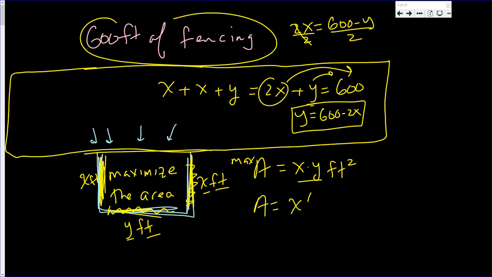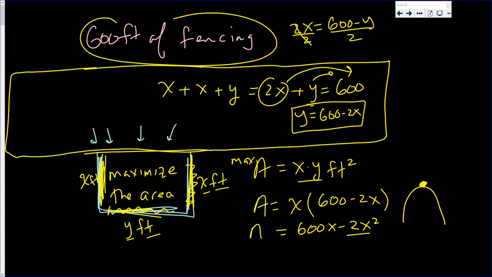A is x times y. But that's y. And this is 600x minus 2x squared. But if you're clever, this is a negative parabola. It's only going to have a max.